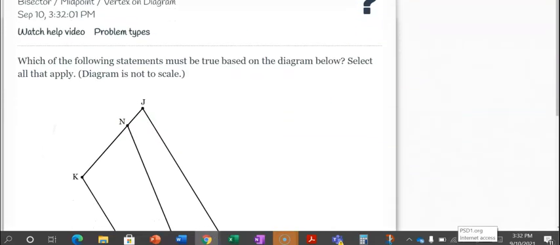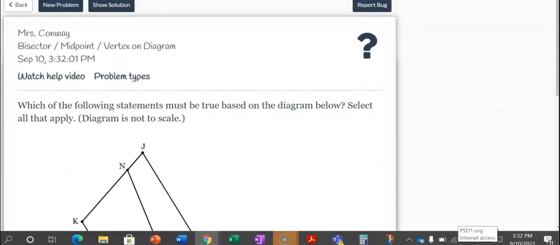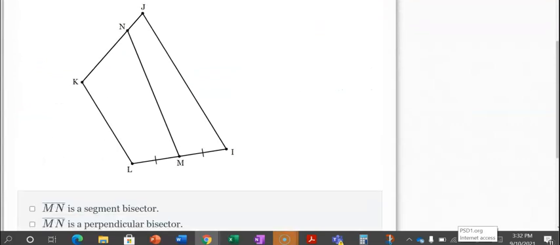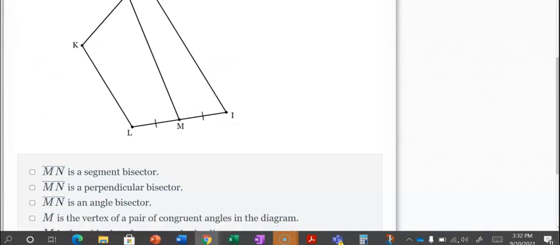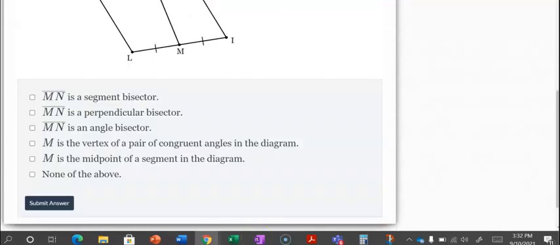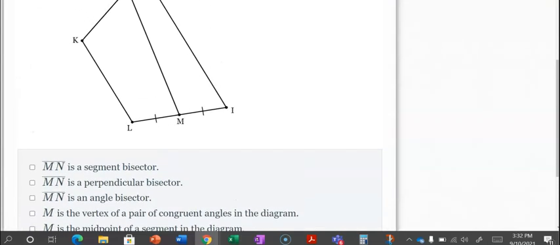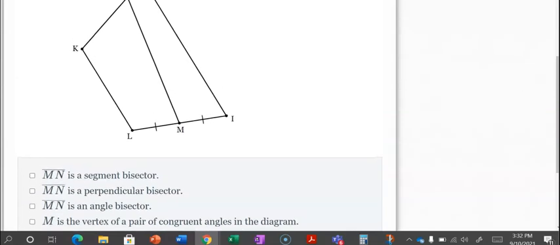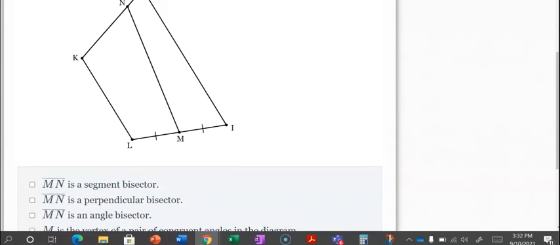So this problem set, bisector, midpoint, vertex on a diagram, you might need to use some of this vocabulary. So right here we've got a figure. It looks like a trapezoid on its side or something. And we've got these statements, and we need to determine which ones are true. So MN is a segment bisector is our first statement.